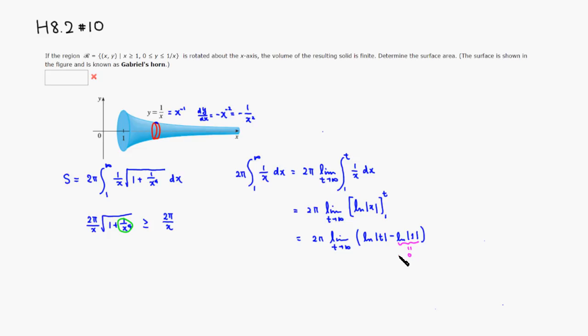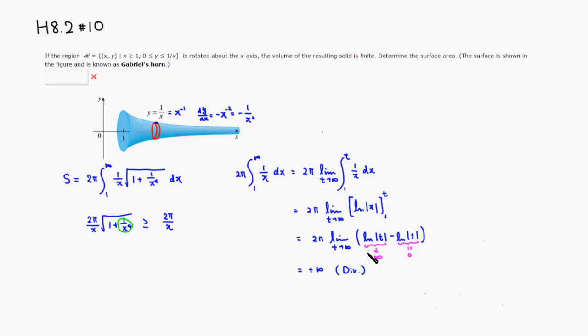However, as t approaches infinity, natural log of infinity is infinity, so this approaches infinity. And infinity times 2 pi is still infinity, so you're going to get positive infinity, which means that this improper integral diverges.